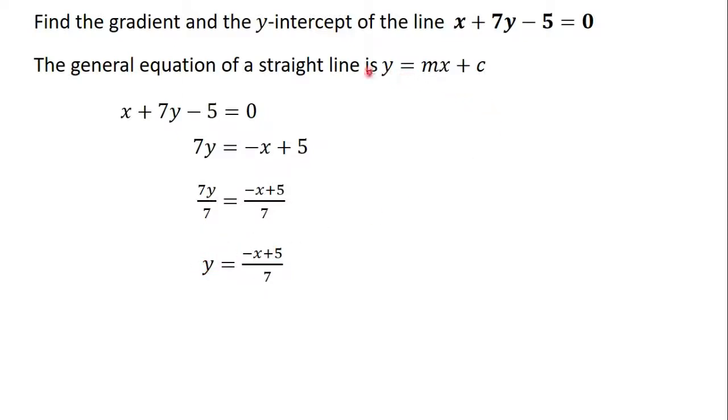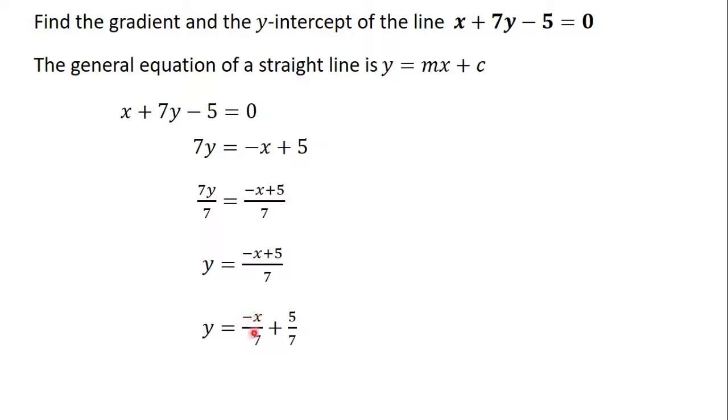But we can see that in the general equation of a straight line, there are two terms on the right hand side. We have mx plus c. So we have to also make sure that we have two terms on the right hand side. In the videos on fractions, we learned that minus x plus 5 divided by 7 is the same as minus x divided by 7 plus 5 divided by 7. So we are going to split this into two.